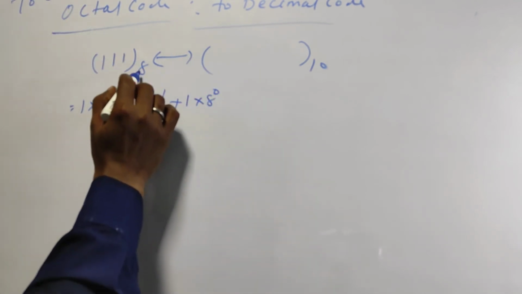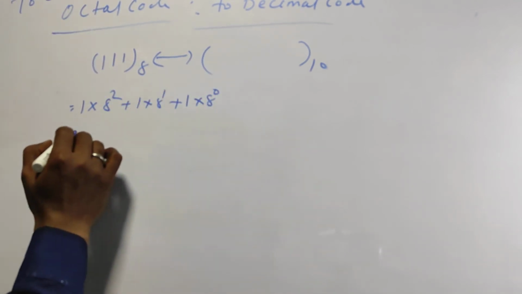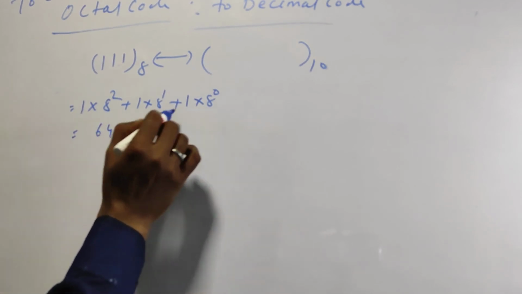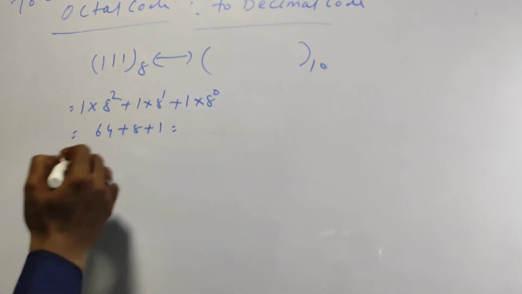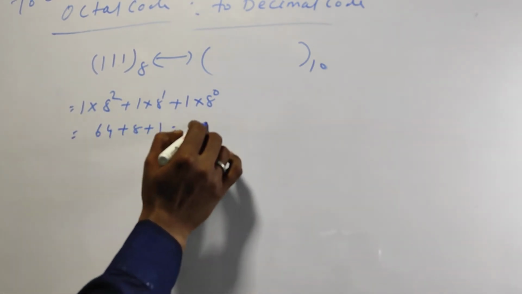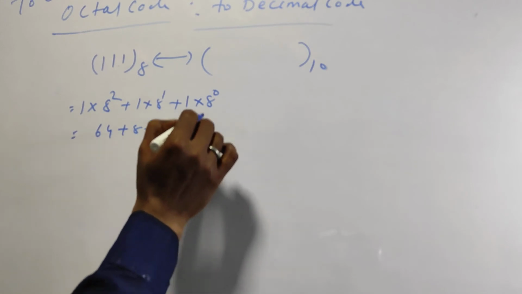The base is 8. 8 to the power 2 is 64, 8 to the power 1 is 8, 8 to the power 0 is 1.